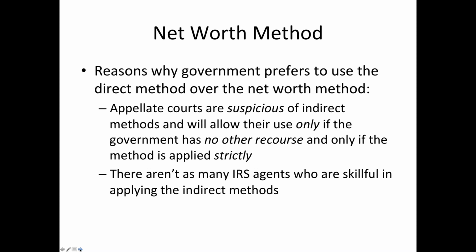And by the way, these are not reasons that I've conjured up. These are reasons that have been found based on research into this issue. So I'm not arbitrarily suggesting that the IRS agents are unskillful in this area. These are statistics that are based on research and studies.